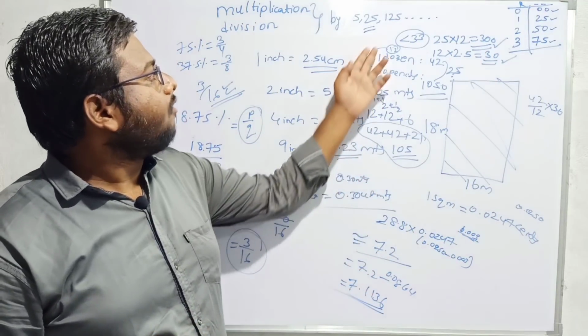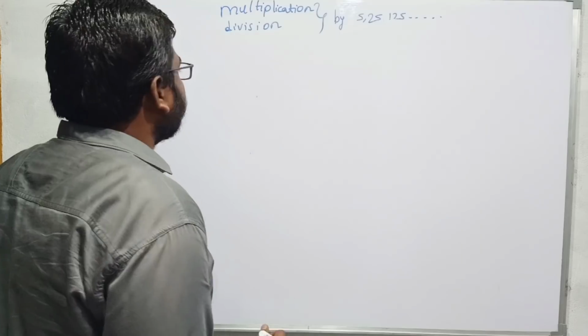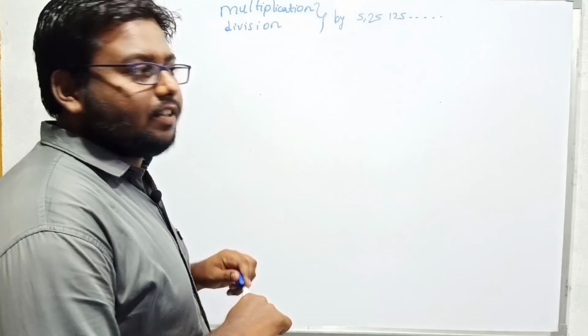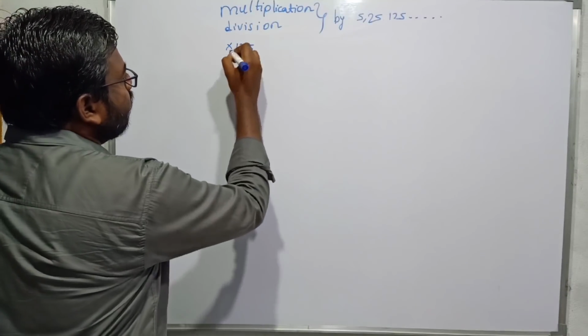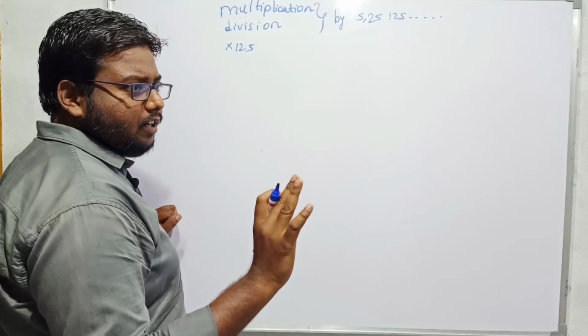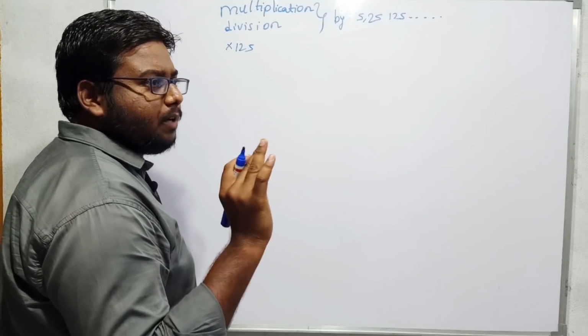Now let us see the case of multiplication with 125 and division with 125. For example, if I have to multiply anything with 125, up to now we saw the multiplication with 5 and 25. Multiplication of 5 is based on 2, and 25 is based on 4.